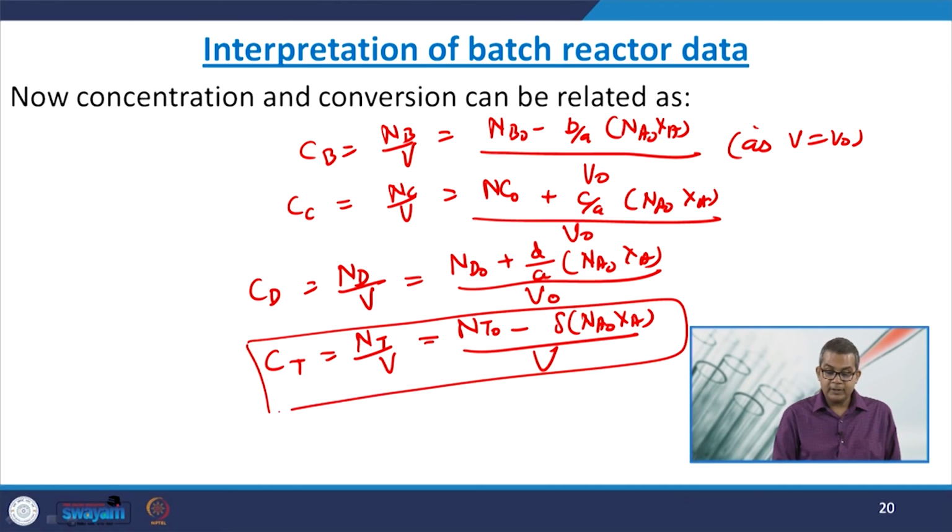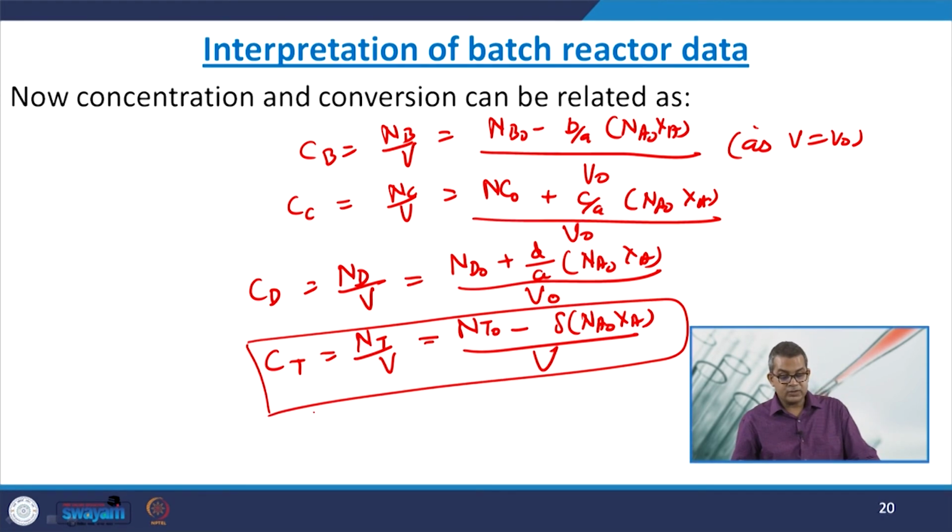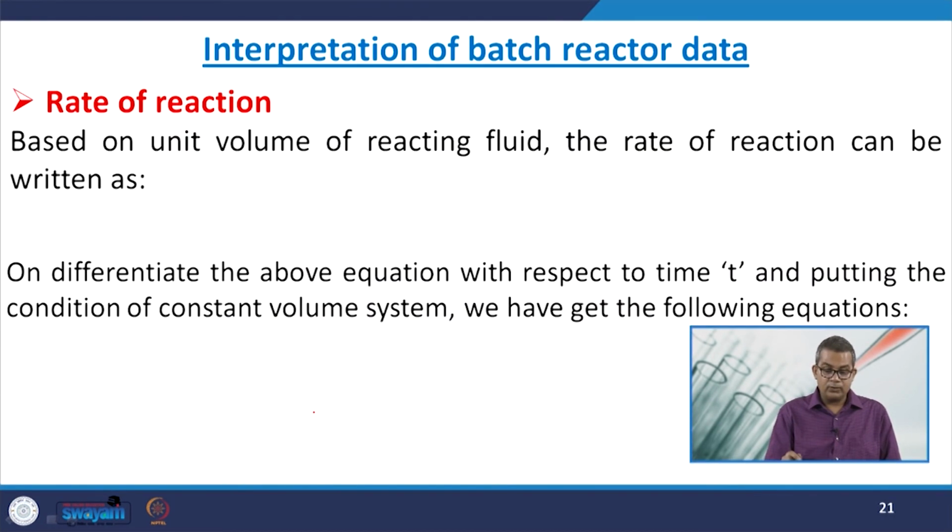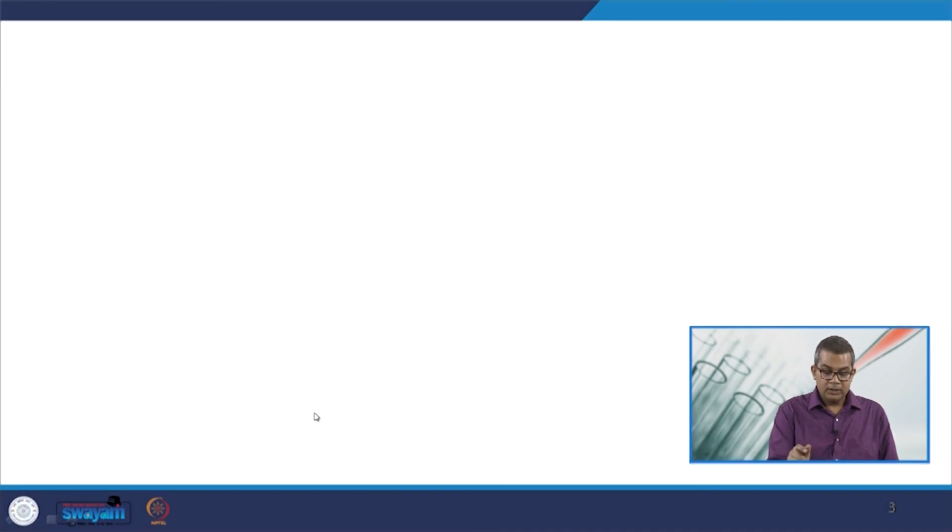So, these are the concentration conversion terms that can be related, and to be more precise, if we go for this concentration conversion term again, then Ca is equal to Ca naught (1 minus Xa).